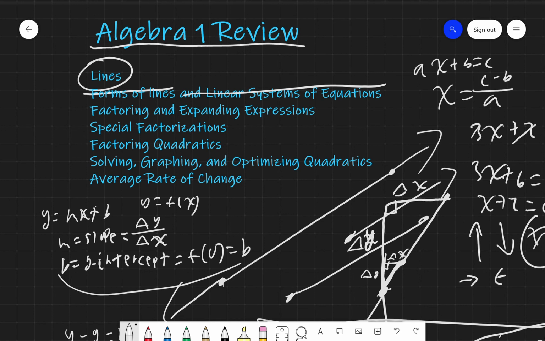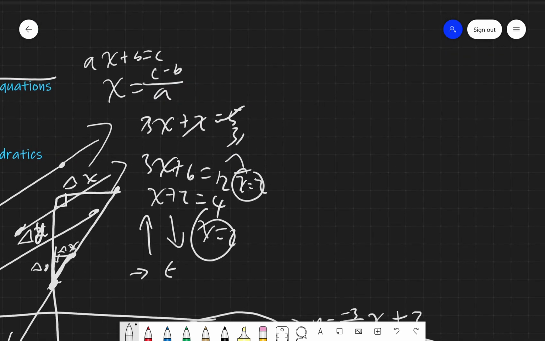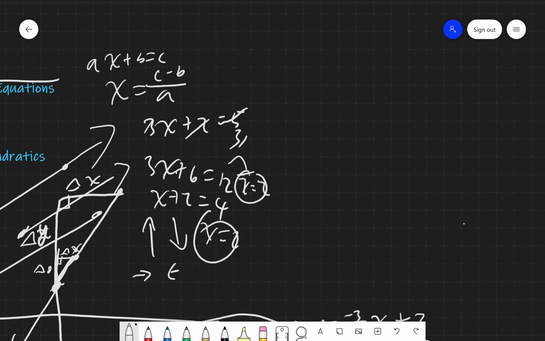Now, factoring and expanding expressions. So basically, the distributive property says that a times (b plus c) equals ab plus ac.